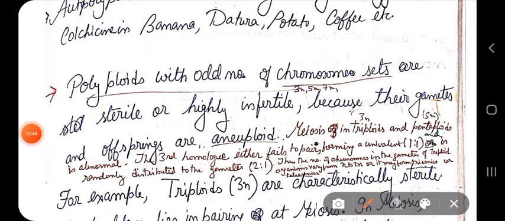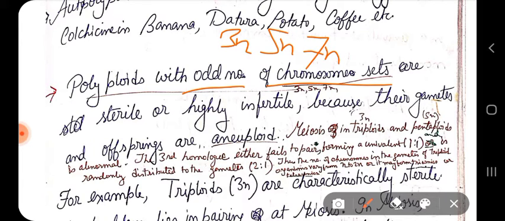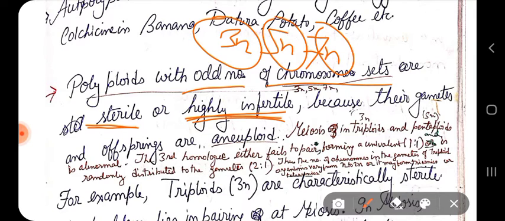Polyploids having an odd number of chromosome sets, that means triploid, pentaploid, heptaploid, are sterile in nature, or highly infertile, because of the gametes which will be produced from these parent cells. These gametes will be aneuploid in nature, meaning they will be missing a chromosome segment or a whole chromosome, or they will have an additional chromosome.